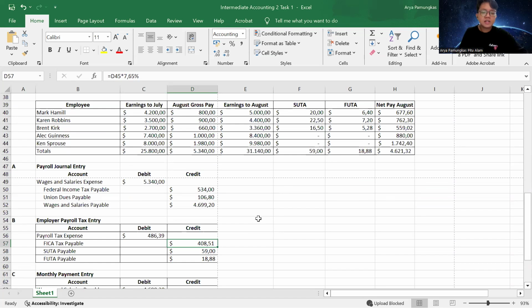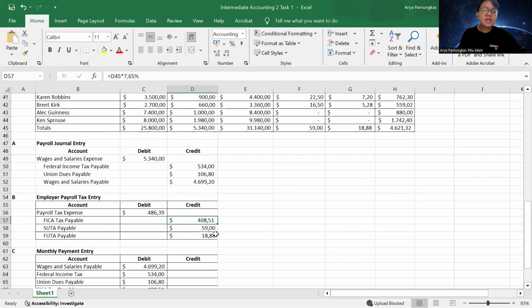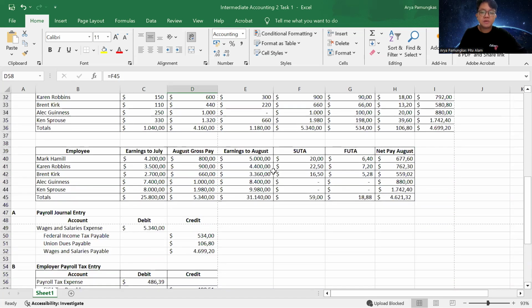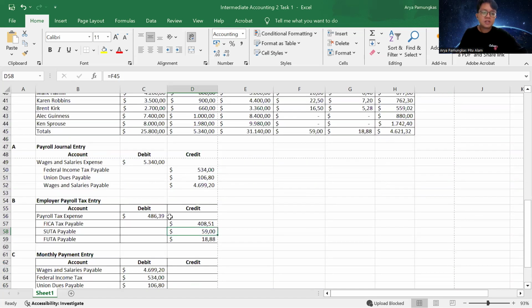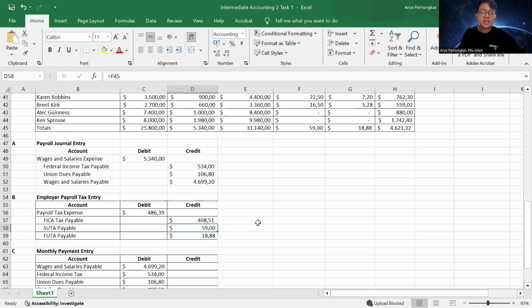And for the SUTA payable, we are just moving the calculation we did before into this journal entry. And also the same for the FUTA payable, we are just moving the calculation from before onto this, and we are putting this onto the credit.